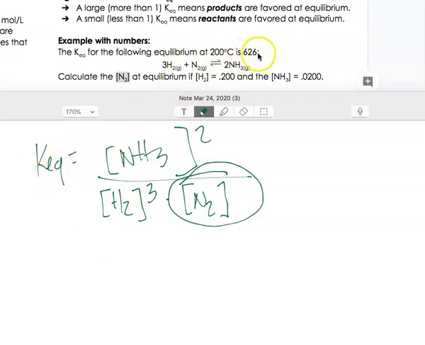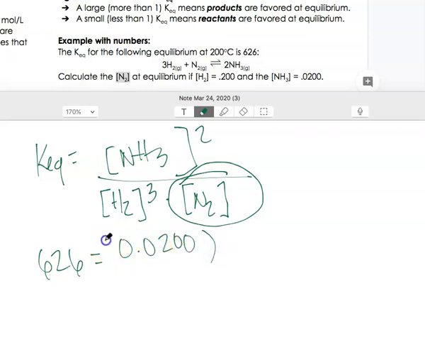626, right? So I told you, is the reaction going to lean to the right or left? It's going to lean to the right because this number here is bigger than 1. So this forward reaction is going to be favored. So I'm going to plug that in, 626 for Keq. The concentration of NH3, it tells you right here, is 0.0200, right?